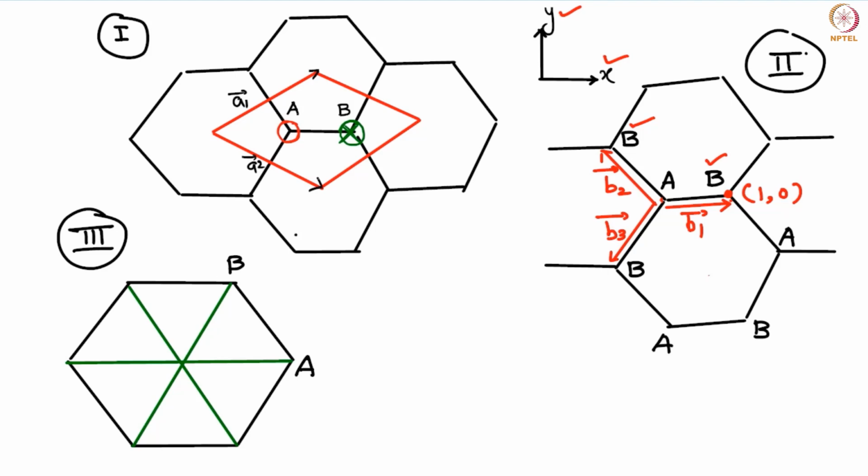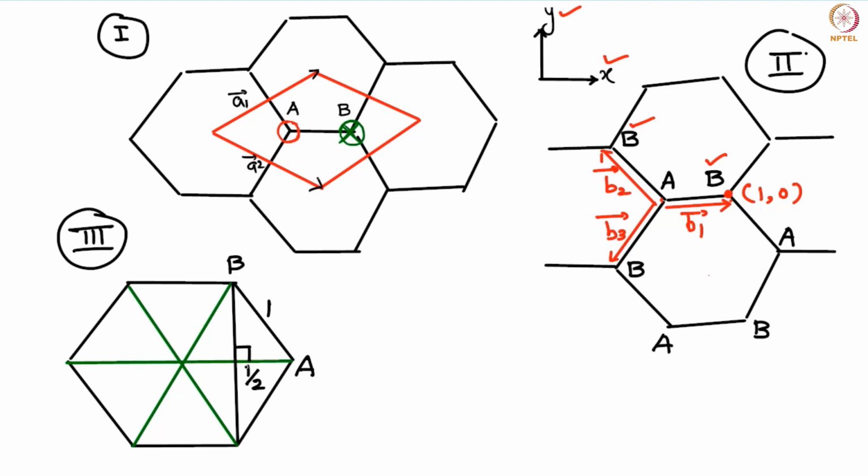Now if I draw a line here, then this distance here is half. Of course, the edge length of your hexagon is assumed to be 1 in all cases. So this one is half, and this of course is the edge length, so this is equal to 1. Now using very simple trigonometric calculations, you can find out.